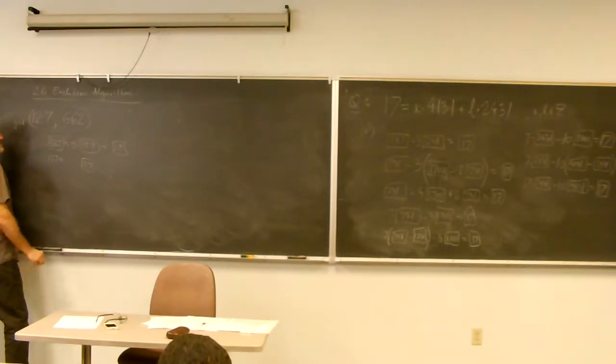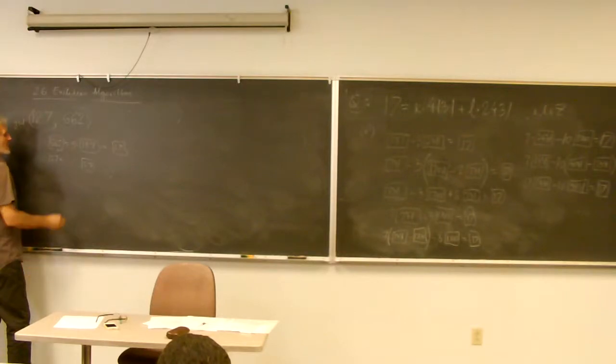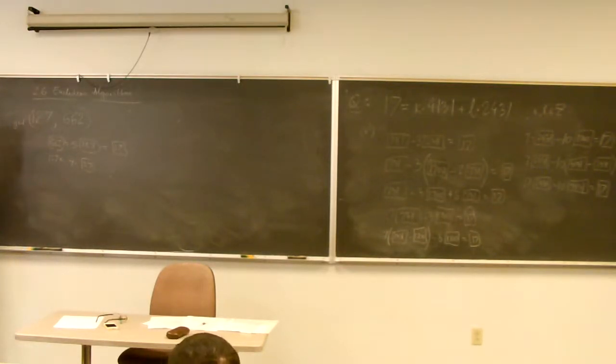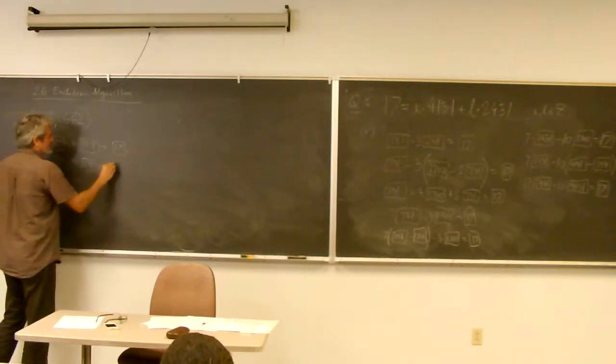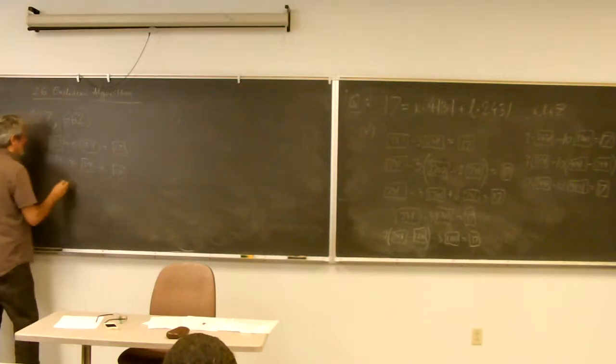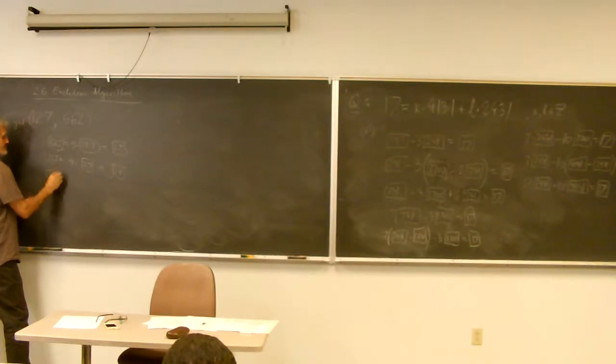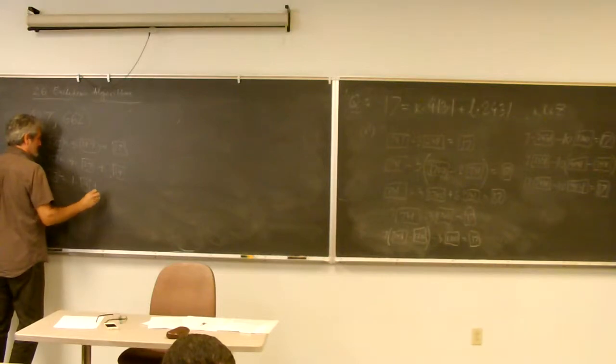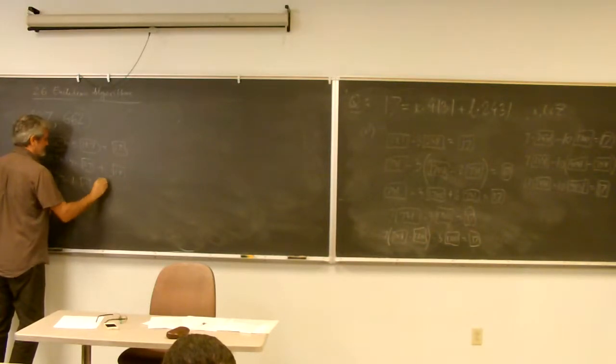So 27 is here. I didn't get any spectacular numbers. 5 is too much, so I have to go 4 times 27, which is 108 plus 19. And then 27 is 1 times 19 plus 8.